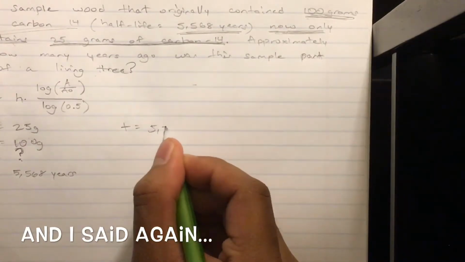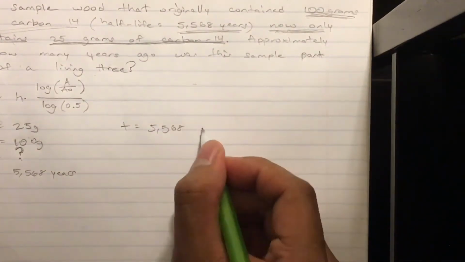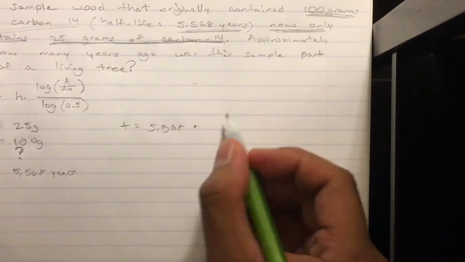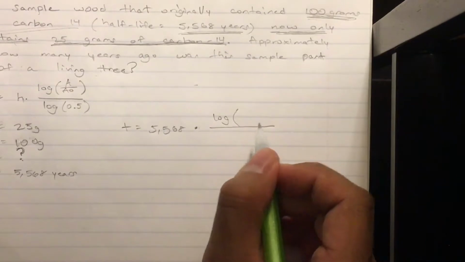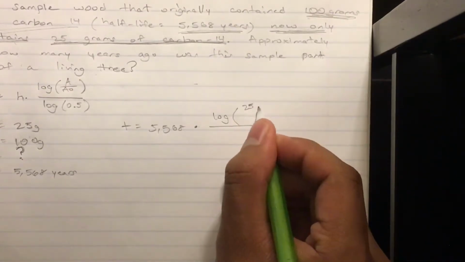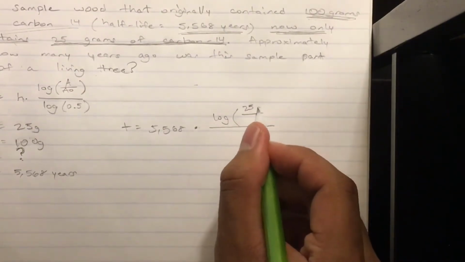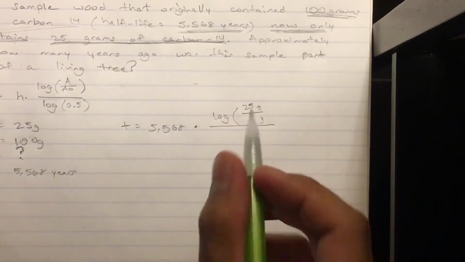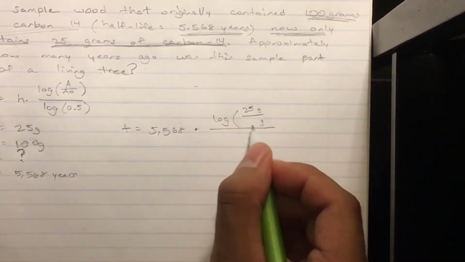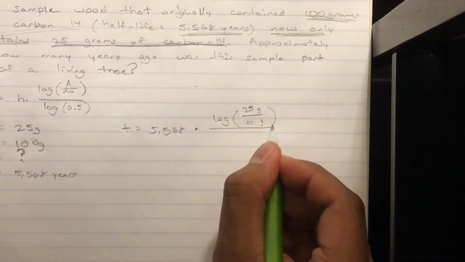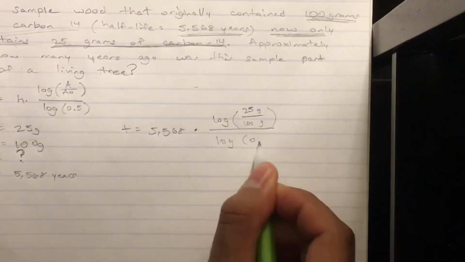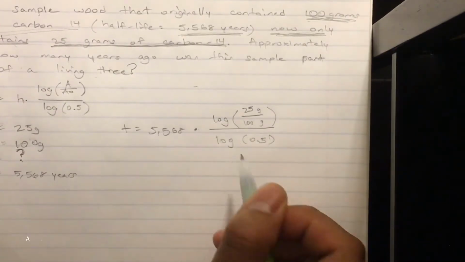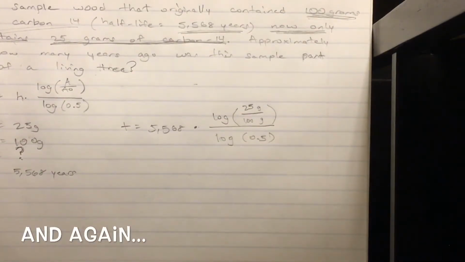H is 5,568 years, multiplied by the log of the final amount, which is 25 grams, over the initial amount, which is 100 grams. Divide that by log of 0.5. And now all you have to do is plug it in the calculator, and you should get your answer.